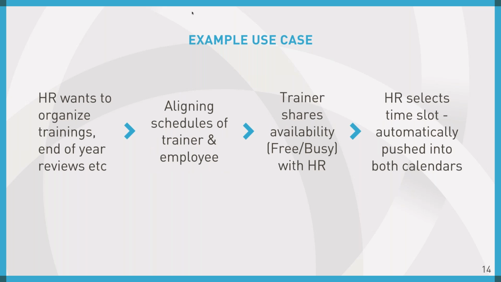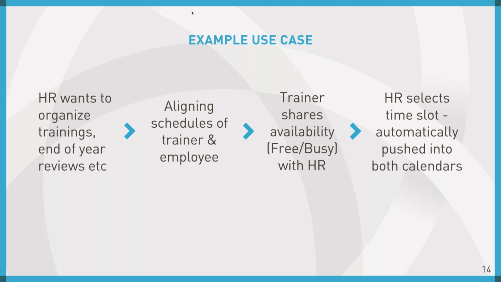Okay, let's jump into the last use case for today. The HR department often has to organize end-of-year reviews and trainings, but with no visibility over trainers' schedules, HR has to coordinate this process manually.